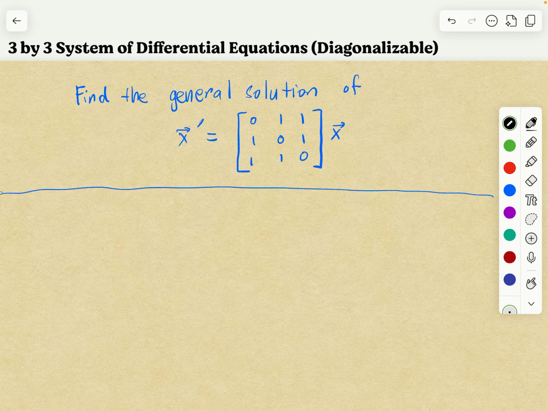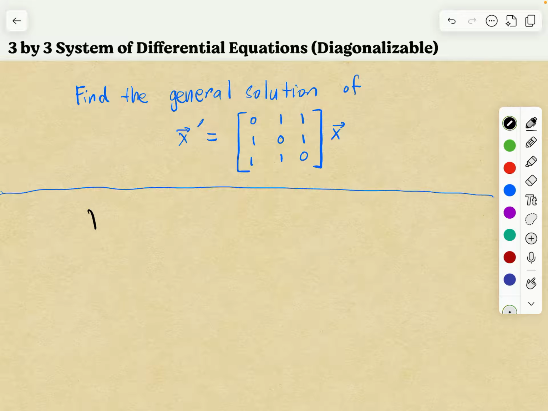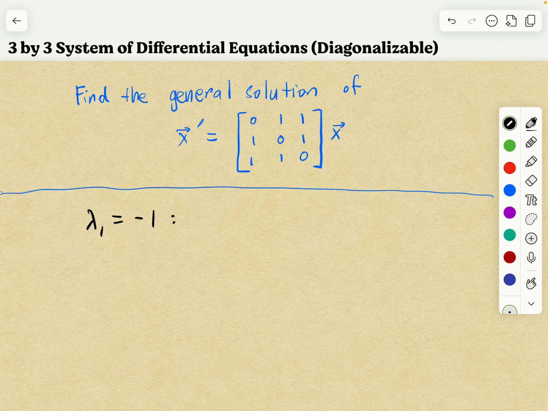So in the previous video, I actually calculated the eigenvalues and eigenvectors of this matrix, and I found that for one of the eigenvalues, -1, I found two independent eigenvectors, v1, which is (1, -1, 0), and v2 equals (0, 1, -1).